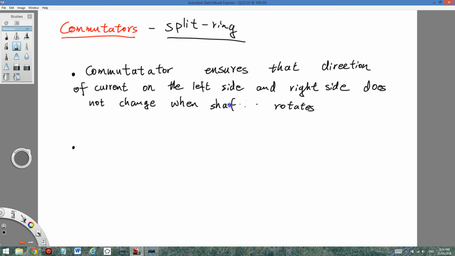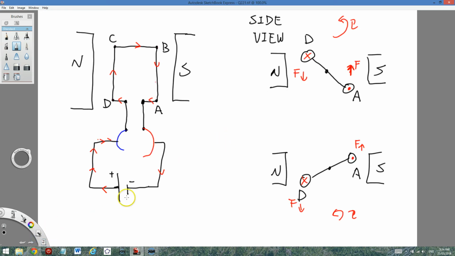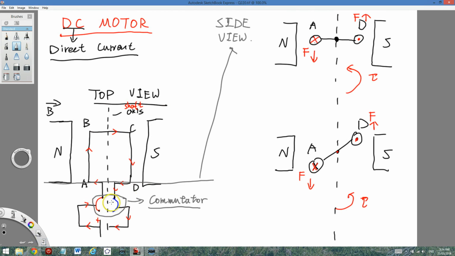A lot of students understand the concept and the function of the commutator, but they cannot explain it.